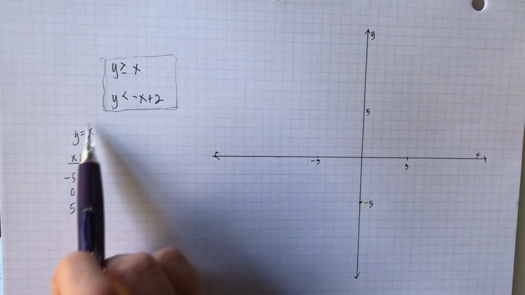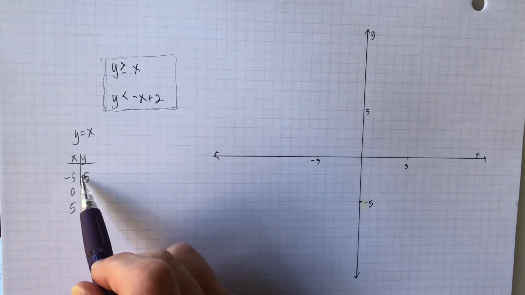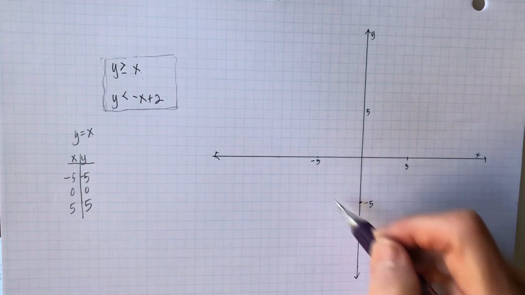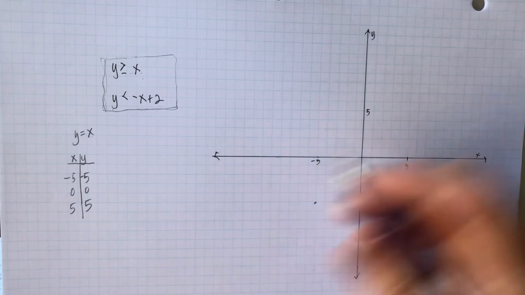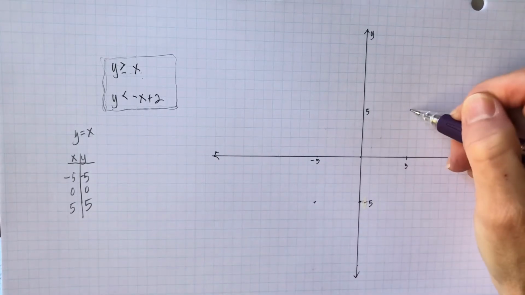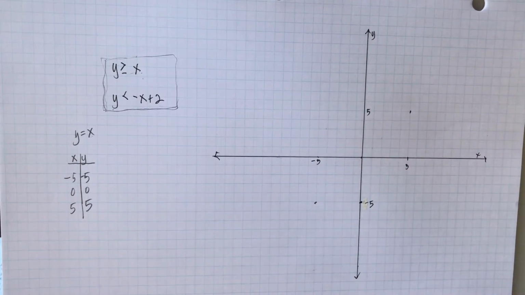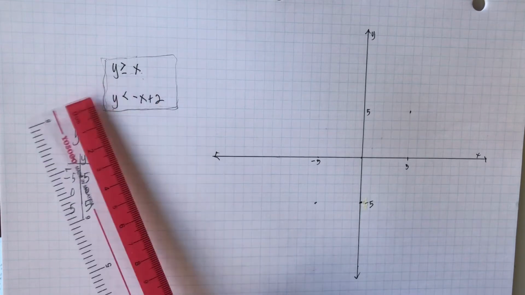So the first one I just rewrite as y equals x, and I've made a little t-chart here to show what points I want to graph. So we've got negative 5, negative 5, 0, 0, and 5, 5. So before I draw my line, I will check back to the original inequality because I want to look at this symbol.